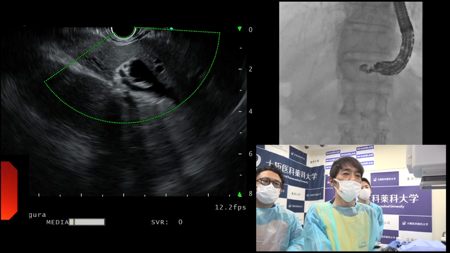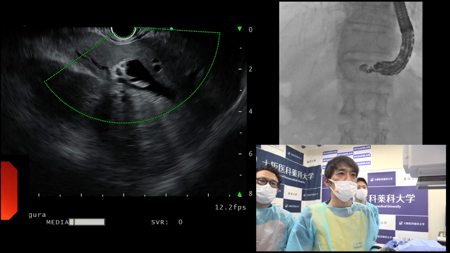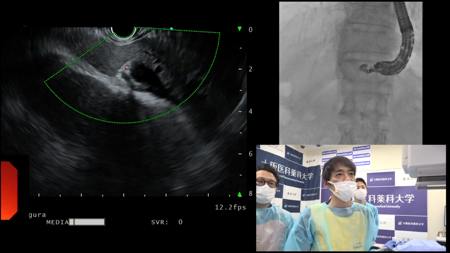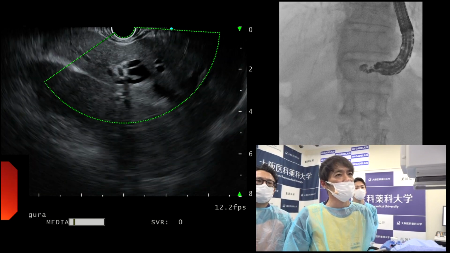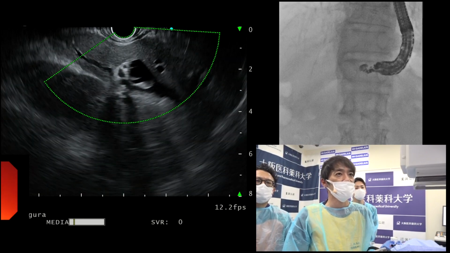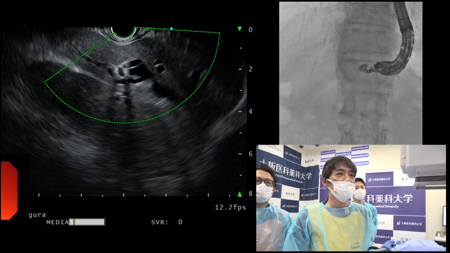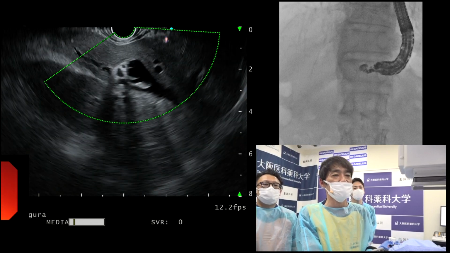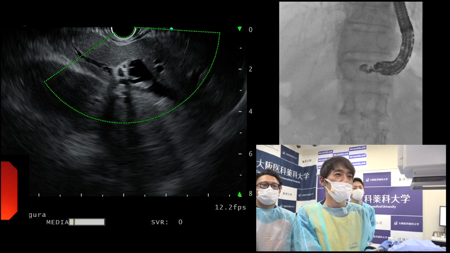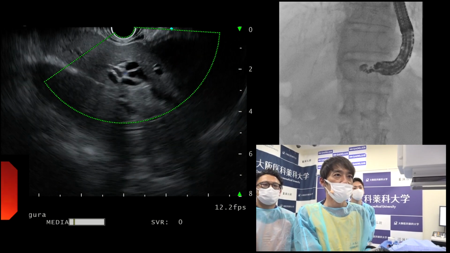Is it segment 2, segment 3? How do you decide? We usually select B3. B2 puncture may make it easy to insert the guide wire, but as you know, transesophageal puncture can be complicated. So to prevent mediastinitis, I recommend puncturing B3. So we puncture.